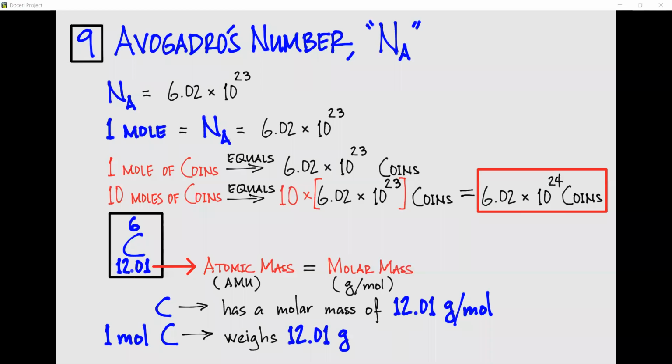Okay, so 1 mole of carbon, according to this molar mass, weighs 12.01 grams. And so that means that if you have Avogadro's number of carbon atoms, right, because 1 mole is equivalent to Avogadro's number here, if you have this many carbon atoms, they would weigh a total of 12.01 grams.